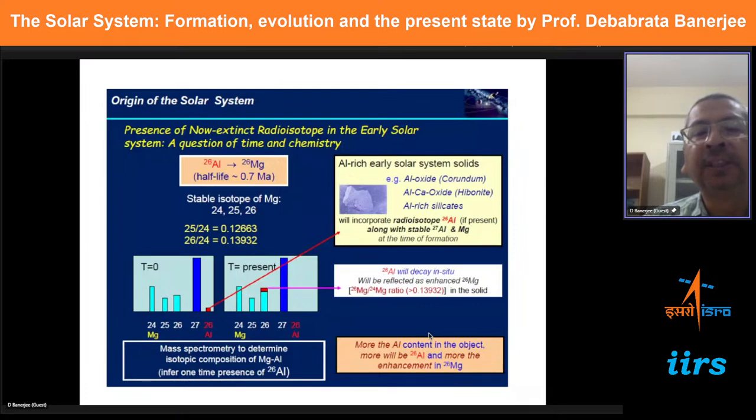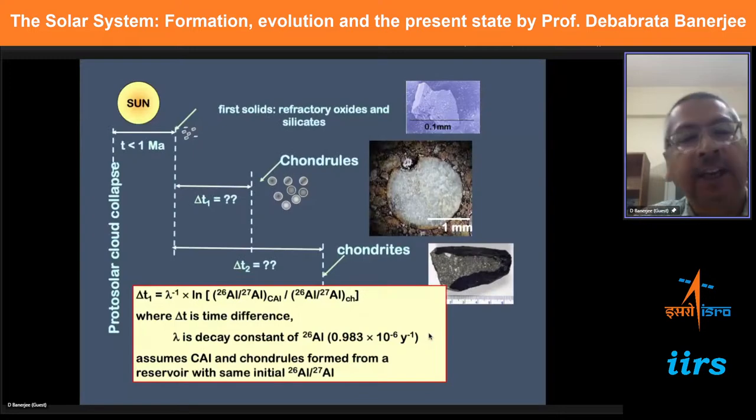Now, this aluminium-26 would have completely decayed after 7, 8 half-lives, and it will no longer be there after some time. But its decay product, magnesium-26, helps us to tell the relative age. And this is highlighted here.